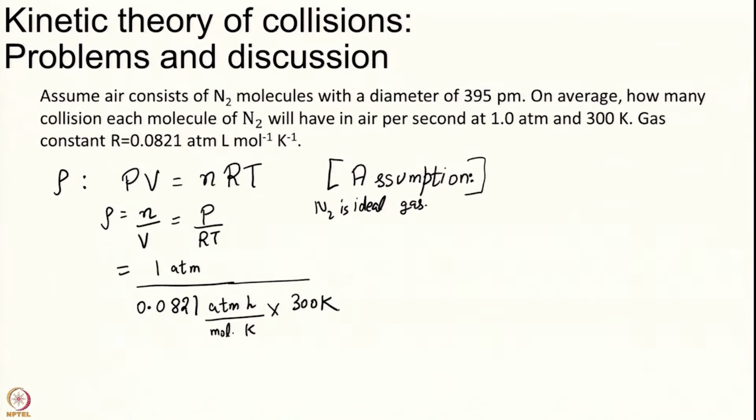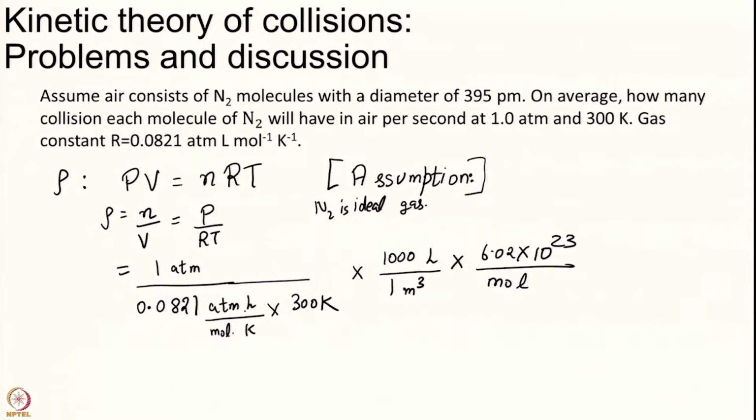What is the unit of rho I am looking at? Rho is a number density, so I want to cancel liters with meter cube. So, I will have 1000 liters in 1 meter cube, and 6.02 into 10 to the power of 23 per mole.